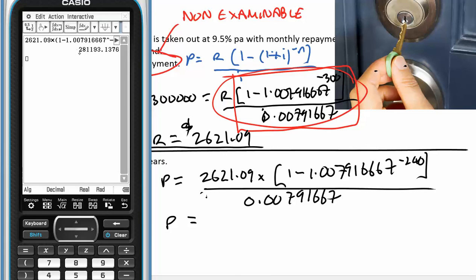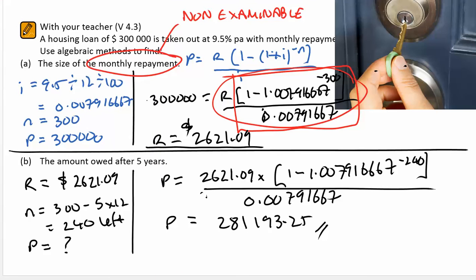We end up with $281,193.14. It doesn't appear to be much of a dent in the loan, but that's how housing loans work. Big at the beginning, you're mainly paying off interest for quite some time, then when the principal starts getting smaller, we get that cascading effect, but only in the later part of the loan.